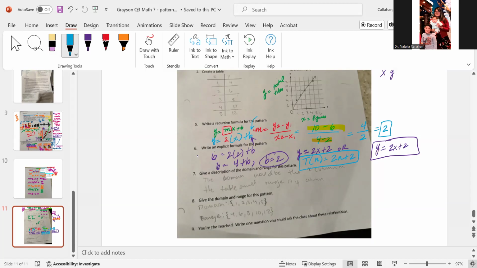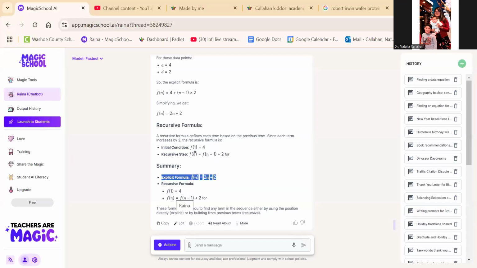Then for your recursive formula, that's going to be different. Recursive, f of 1 equals 4, because it was 1 comma 4, wasn't it? Okay. F of n stands for the number of figures, right? Equals f of n minus 1. So it's one figure behind plus 2. I don't know how you want to really read that.